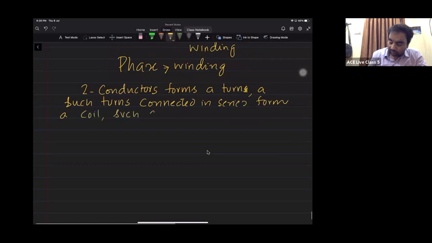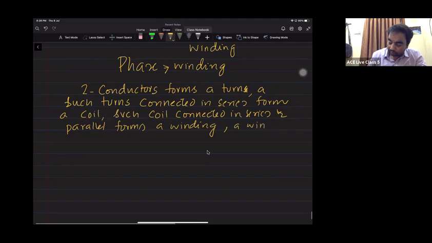Such coils connected in series and parallel form a winding, and a winding refers to a phase.